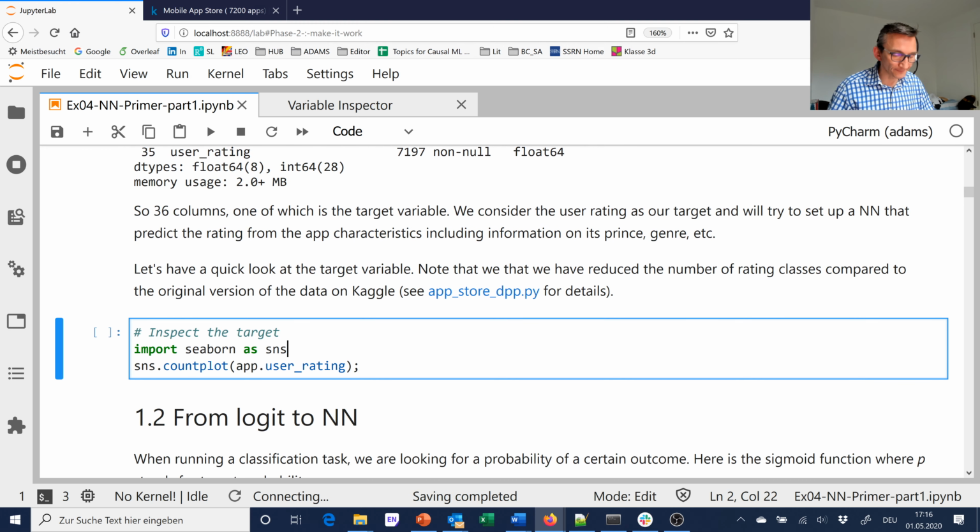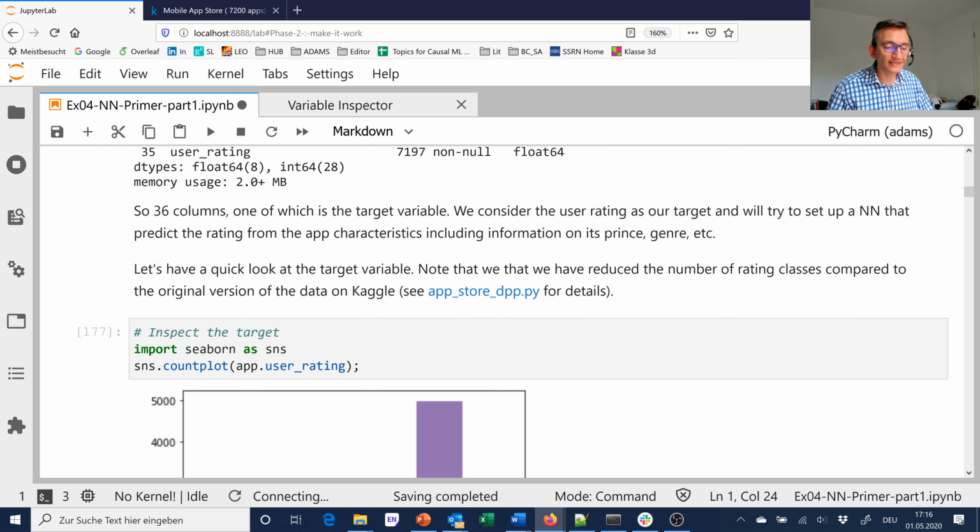Anyway, in the original dataset, you would find 11 or so different classes, different ratings. But in my preparation, I decided, because some user rates are very rare. In the original dataset, there exists a rate of, let's say, 0.5.